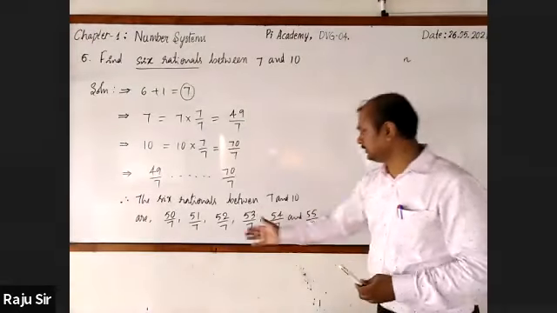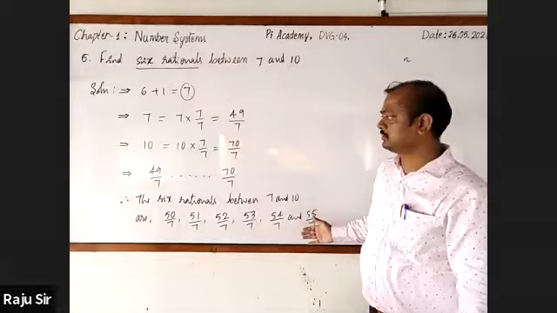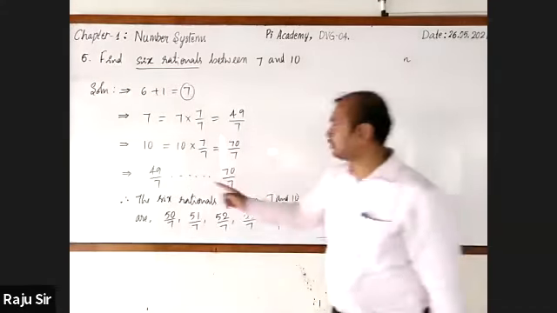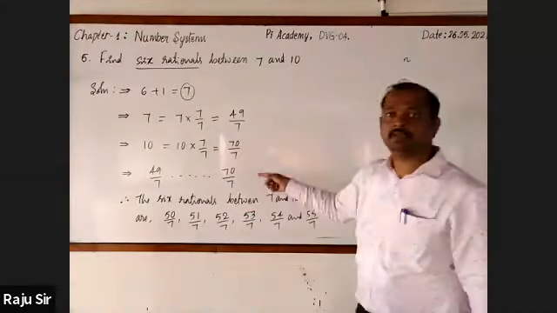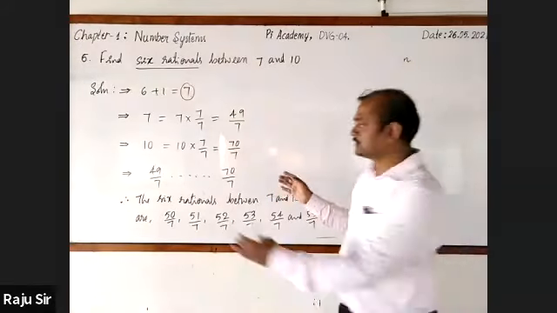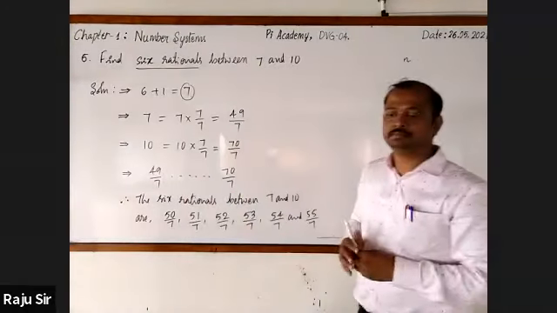See that we have written only 6 rationals. But please don't include 49 by 7 and 70 by 7. We are writing the rationals between these two.